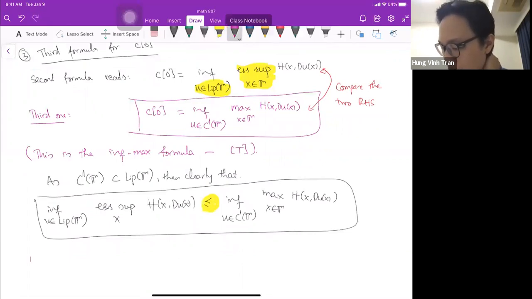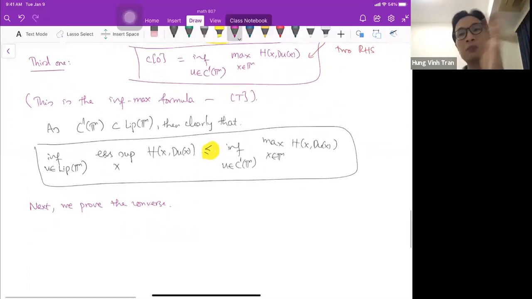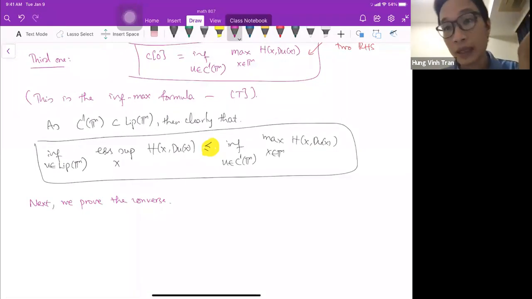So now, next, we prove the converse, right? Although I'm taking the infimum over a big set of functions, I'm still fine. I'm not overdoing it. And I claim that we have done this.